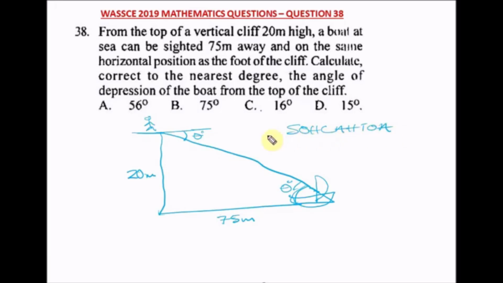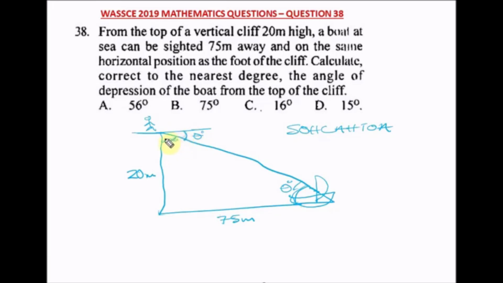Remember, when you're at the top of a cliff, looking downwards, the angle of depression is always this way. Most students always fail it and put the angle inside the triangle. No, it is outside the triangle.